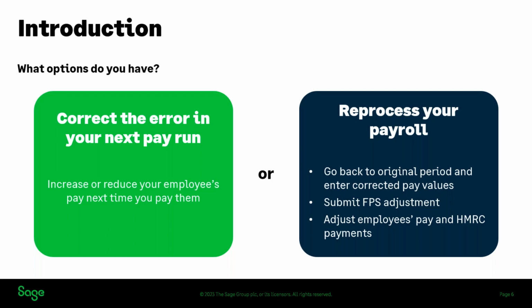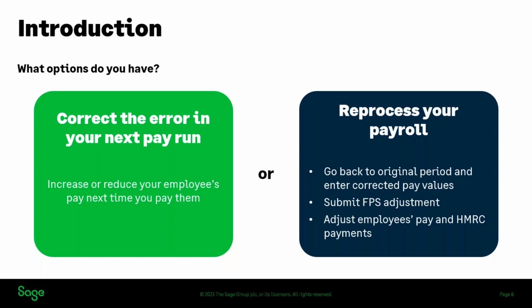The other approach, and this is what we're going to focus on in the webinar today, is to go back and reprocess your payroll. So reprocessing is going back to the original period where the mistake was made and then entering the corrected pay values. You would also then need to process any other periods between that date and the current pay date so that your payroll record is brought back up to date with the corrected values now shown in the history.